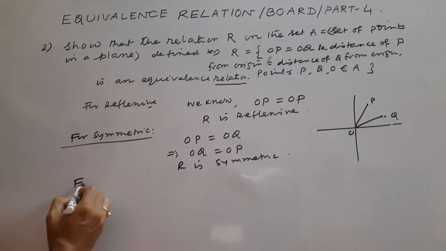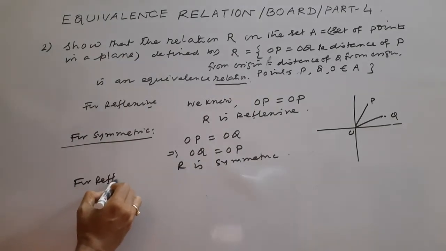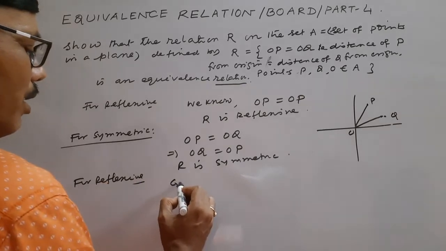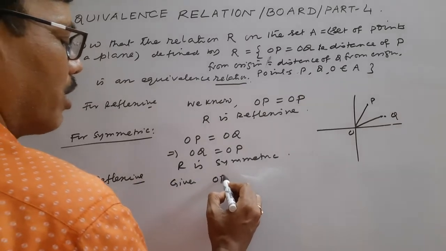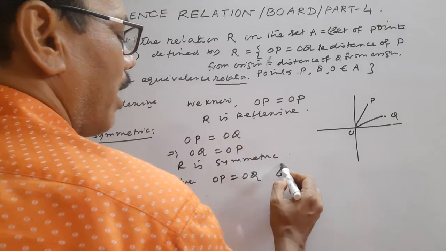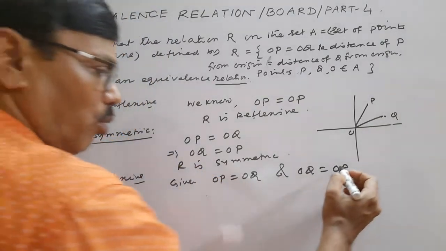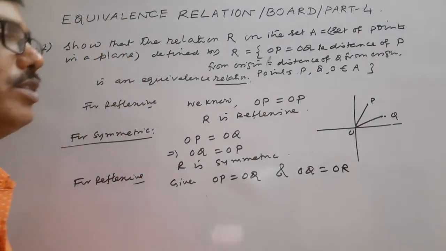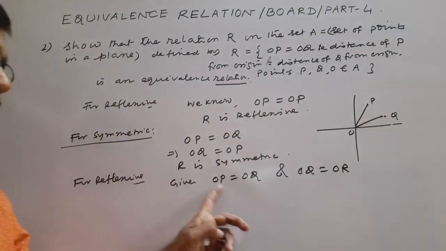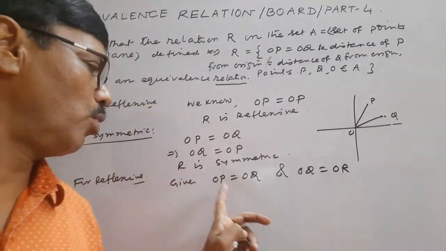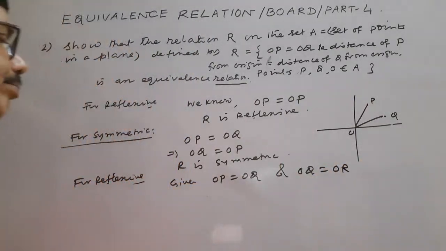Now for transitive, given OP equals OQ and OQ equals OR, three points P, Q, R. We have to prove OP equals OR.